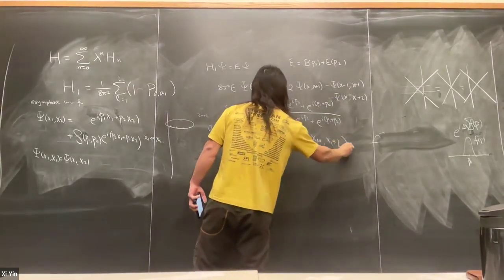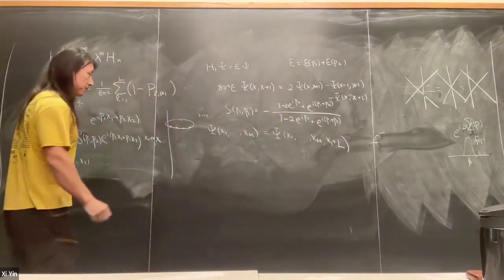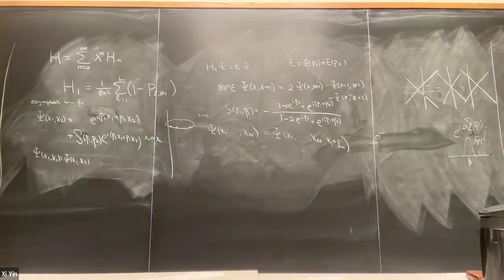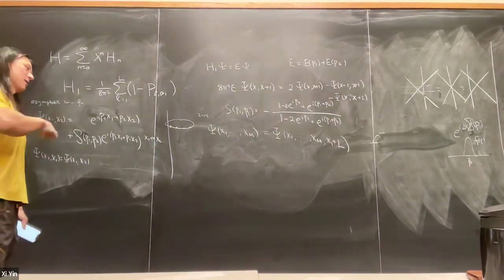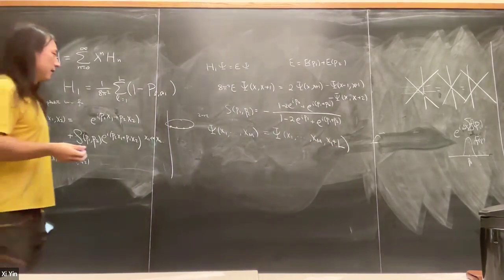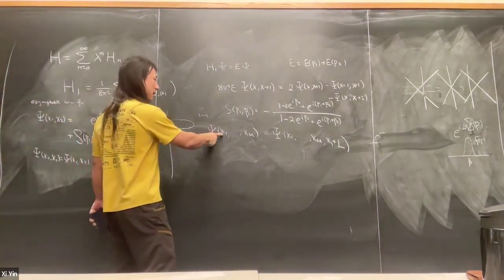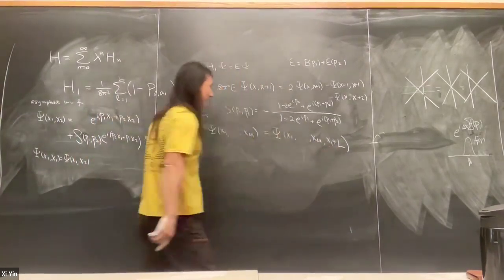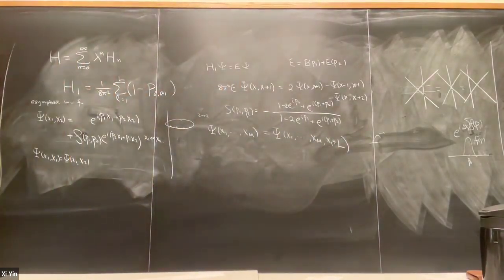Here, because these are all bosons, it suffices to write this equation in the regime when x1 is much less than x2, much less than x3, and so on. But then if I shift x1 by L, under which this is supposed to be periodic, I move it all the way to the right, so I maintain the increasing order of the coordinates.